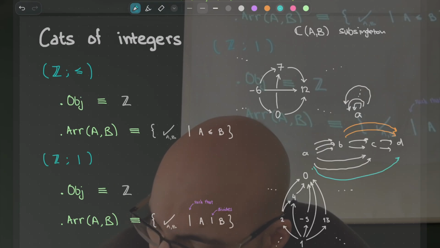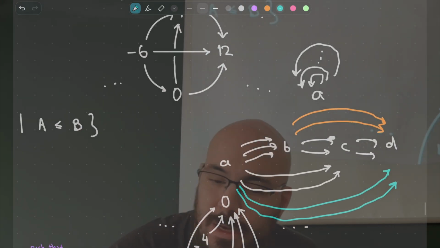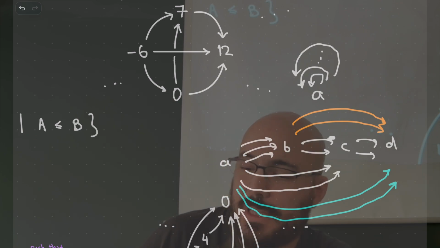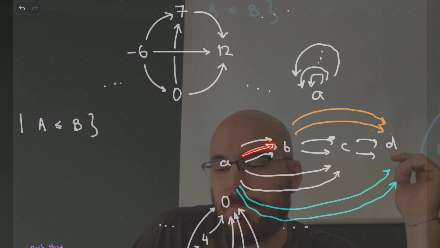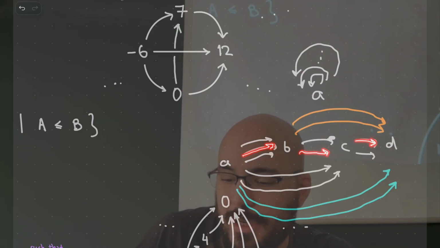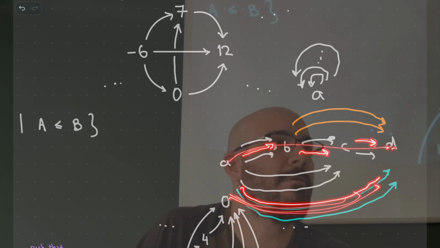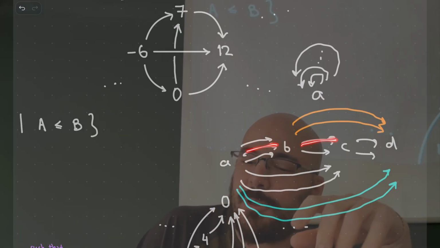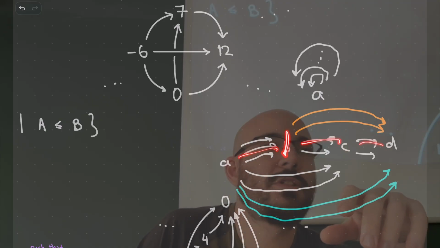So I hope you understand where I'm going: this choice of the composition operation must be associative, in the sense that you get to pick a path like that, and you should know which path this corresponds to out of all possible paths from A to D. And it should not matter if I first compose here and then go on there, or if I compose here and then compose these two.